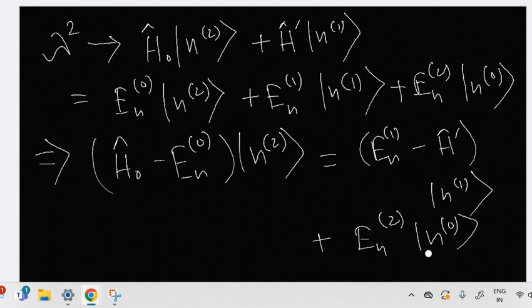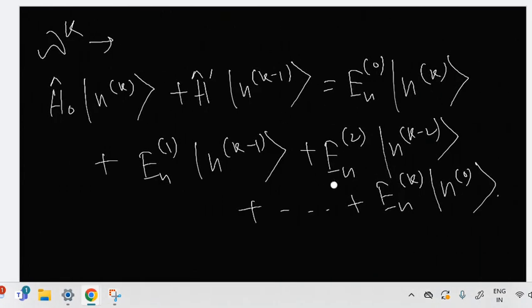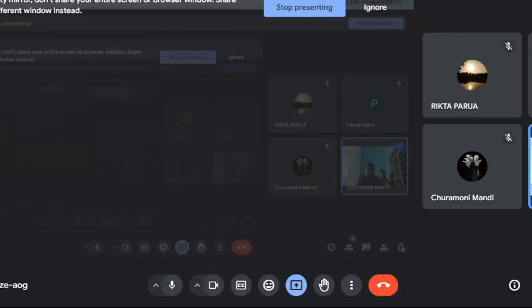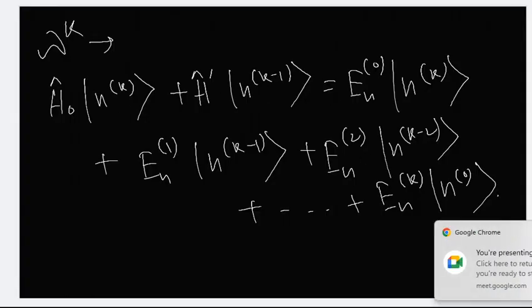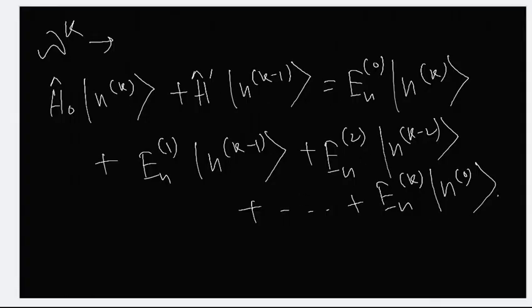Like that. So the general term, the coefficient of lambda to the power k, is basically this equation. These are the outcomes from the Schrodinger equation in perturbation.